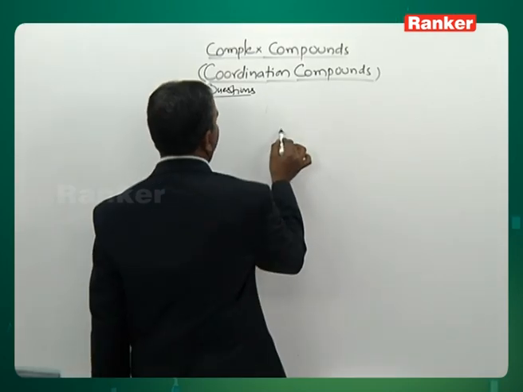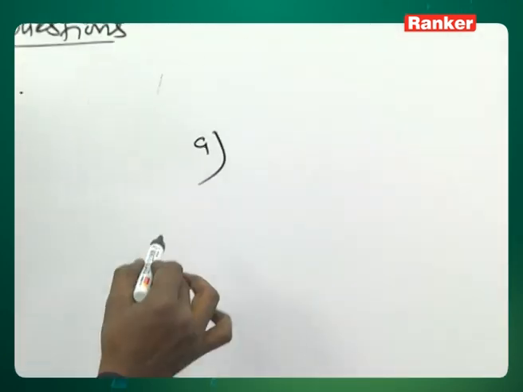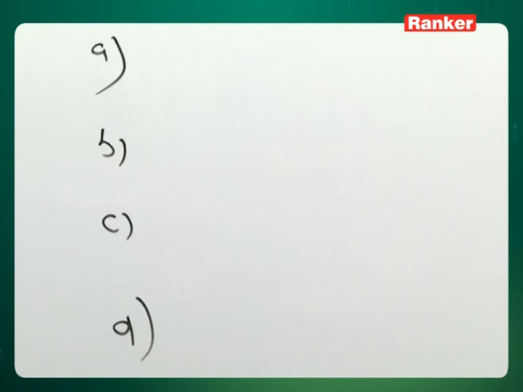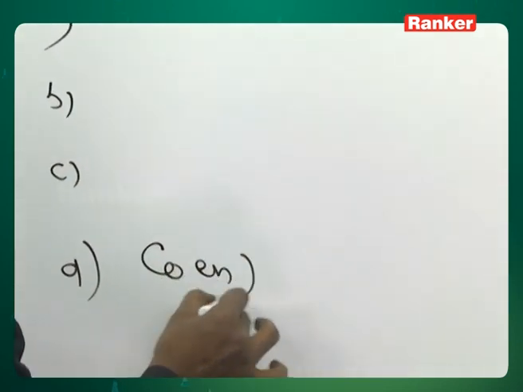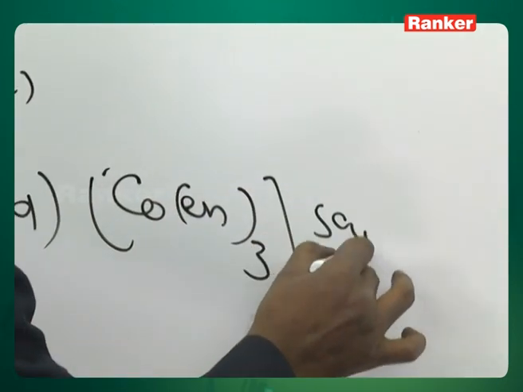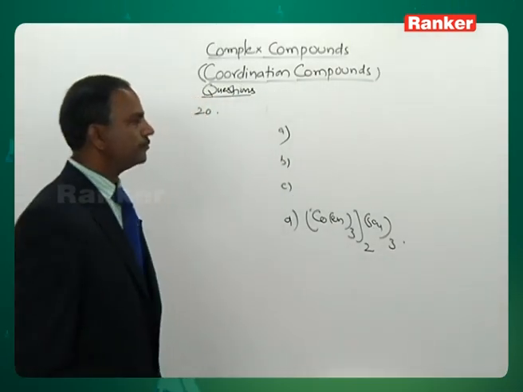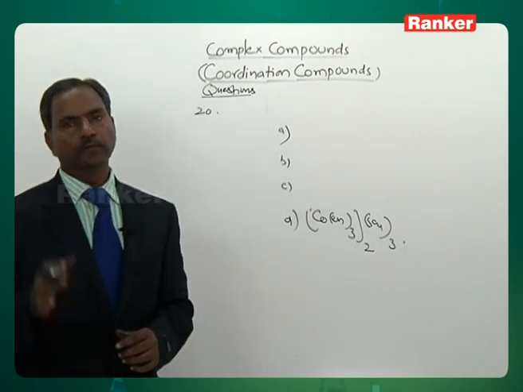Let us see the last option only, I write: Co(en)3 taken twice, (SO4)3. Now here you have to check the oxidation number of cobalt, plus 3.